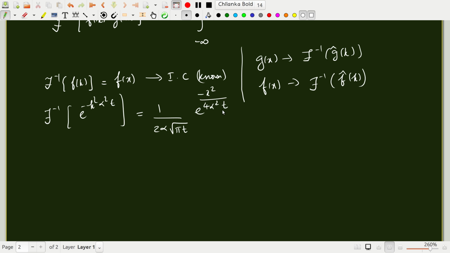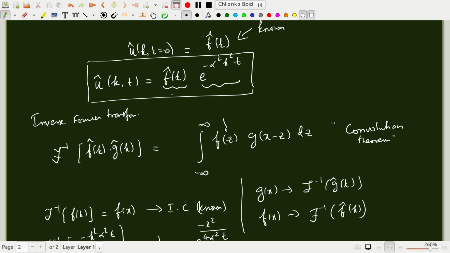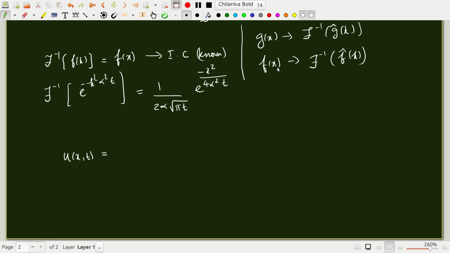Okay, so once you know this, we can find out what u of x, t is using the convolution theorem, because we know the two pieces. We know what f and g are. We have just found out in this particular case: the inverse of f hat of k is f of x, and the inverse of this is just this.